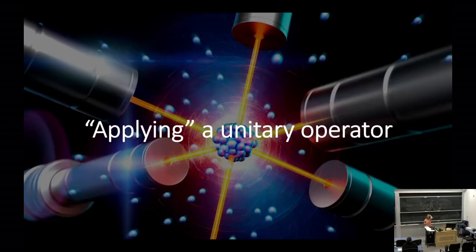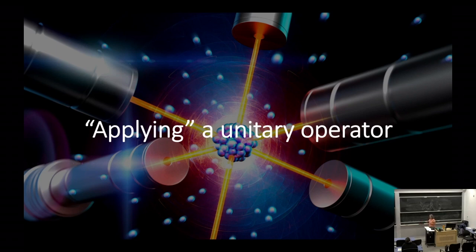Okay, so when we're thinking about quantum computation and quantum information, we are often talking about applying a unitary operator to a particular quantum system. So in the context of a quantum circuit, we might say we're applying the unitary gate X to a single qubit. We're going to do that bit flip that I mentioned.